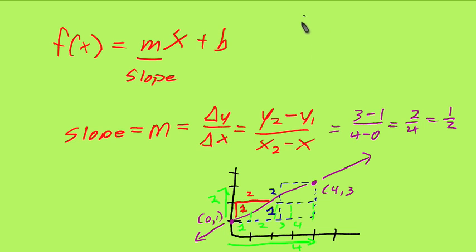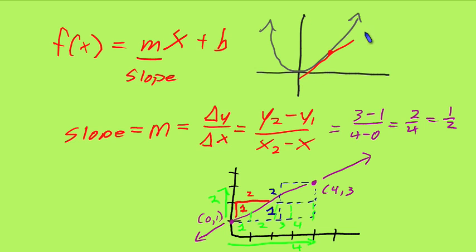But the reason why I was really driving this home is because we're going to come up with something called the derivative, and that's where we're going to find the slope that intercepts exactly 1 point on the graph. That's called the derivative in calculus.